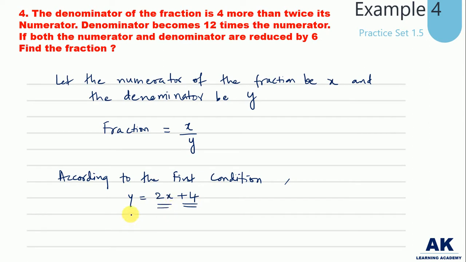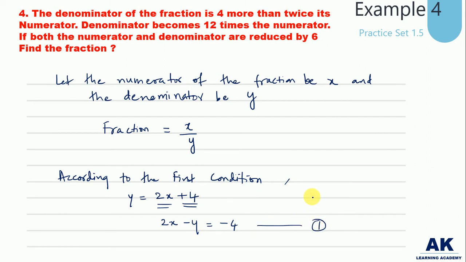So y is equal to 2x plus 4. Therefore 2x minus y is equal to minus 4, so plus 4 becomes minus 4 on the left hand side. If we interchange the sides, we get 2x minus y is equal to 4. Let's call this equation number 1.